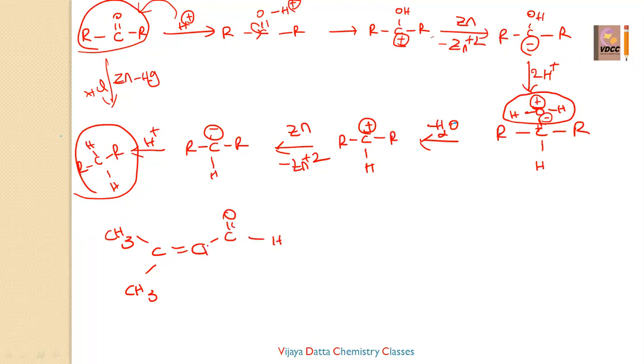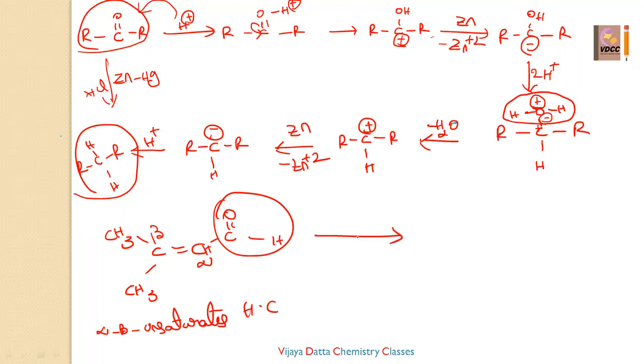If you observe this, it is an aldehyde. The aldehyde-attached carbon is the alpha carbon, and the carbon attached to that is the beta carbon. Alpha and beta having the double bond, these are called alpha, beta unsaturated compounds.